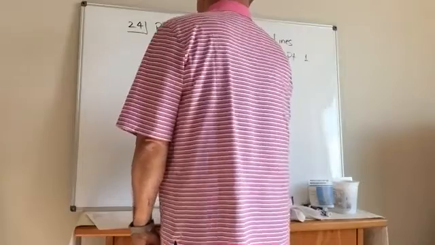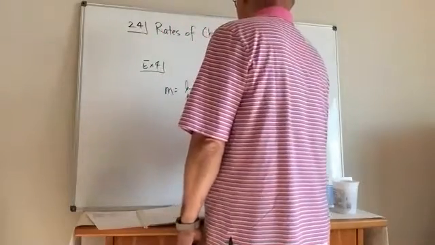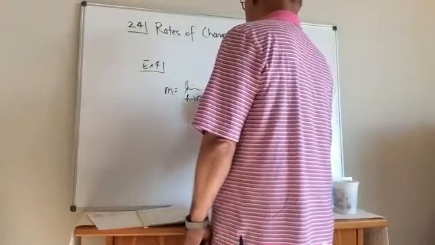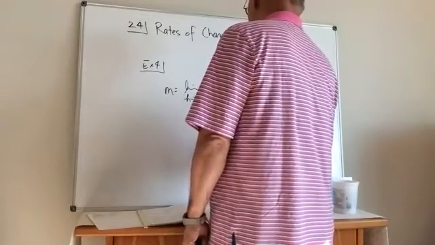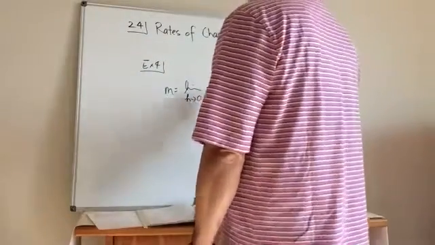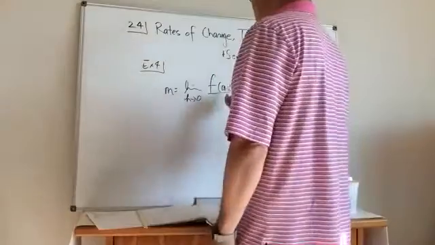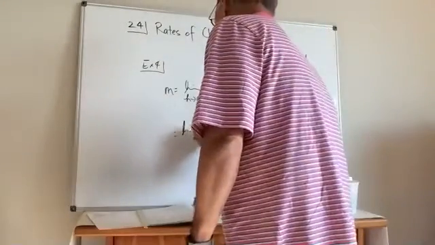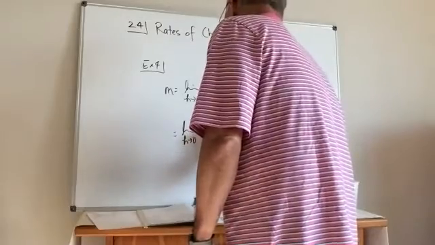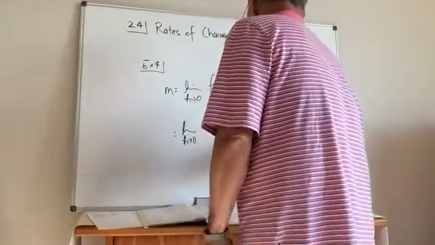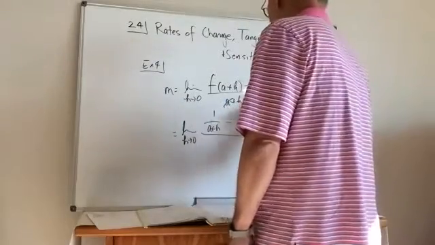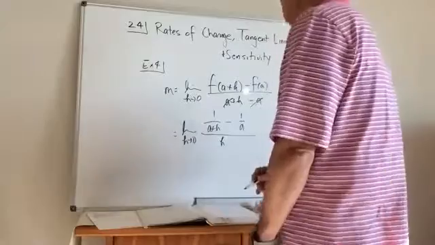As h goes to 0, f of a plus h minus f of a, over a plus h minus a, right? But I know that f of x is equal to 1 over x. So this is going to be equal to what? The limit as h approaches 0 of 1 over a plus h minus 1 over a, all of that over h.